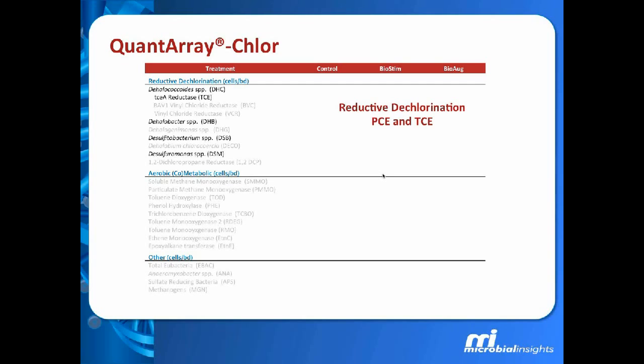So with the QuantArray, we can quantify these for a more comprehensive assessment. Dehalococcoides, along with functional genes for reductive dechlorination of vinyl chloride, are also included to help us evaluate whether complete reductive dechlorination to ethene is likely to occur or whether biodegradation may stall at cis-DCE.